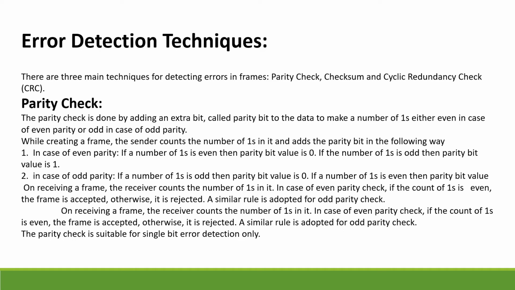In case of odd parity, if the number of ones is odd, then the parity bit value is 0. If the number of ones is even, then the parity bit value is 1.